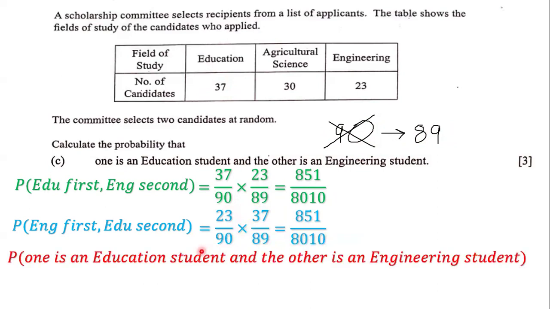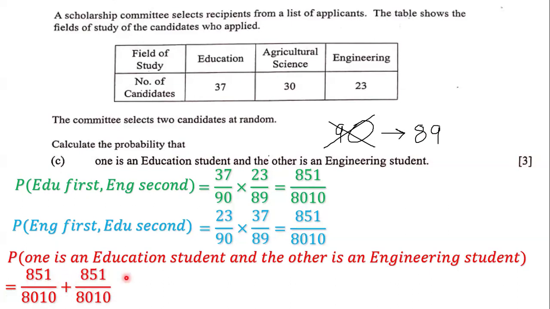And so the probability that one student is an education student and the other is an engineering student. They use the word student here, so we could use the word student or candidate. That's good. The probability that one student is an education student and the other is an engineering student is going to be 851 all over 8,010 and 851 all over 8,010.